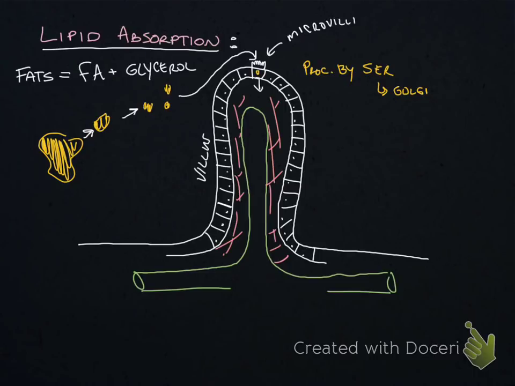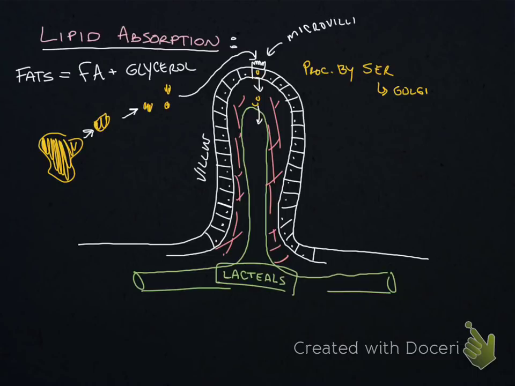But since these chylomicrons now are too big to be absorbed into the blood, they have to take the pathway of least resistance, and that is into the lymphatic capillary. And if you remember, they have a special name whenever they're in the small intestine. They're called lacteals. So make sure that you know that name.